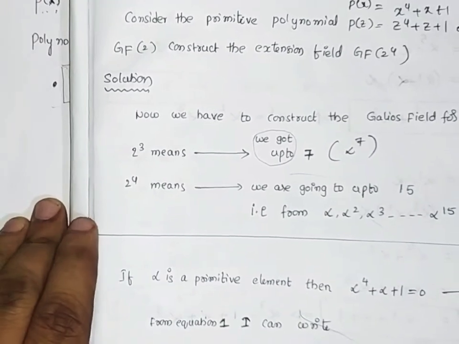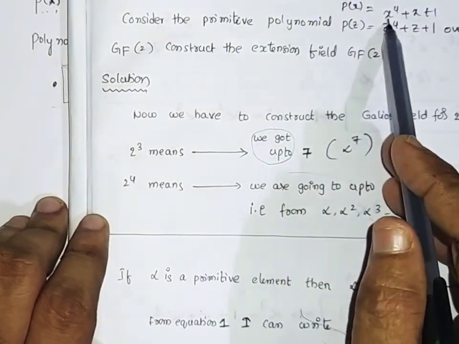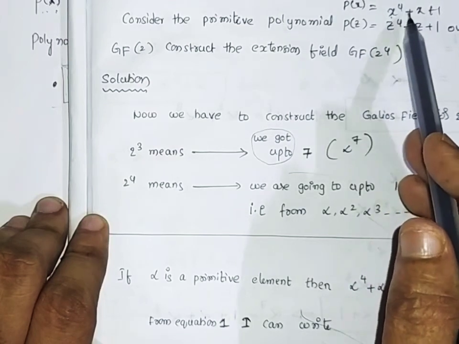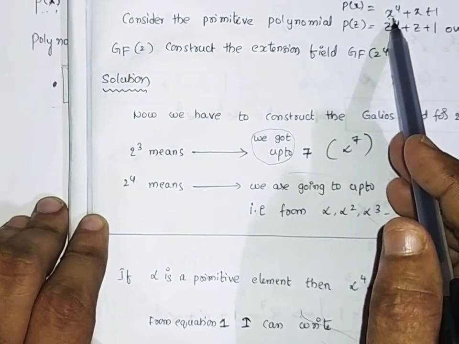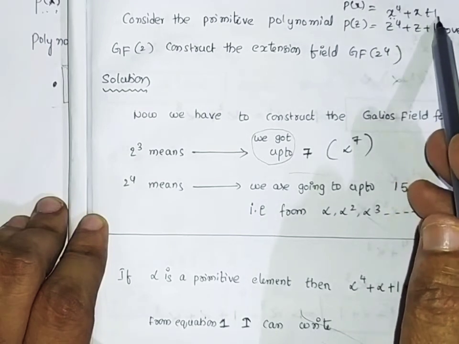Let us consider the primitive polynomial for the degree 4. And this is the primitive polynomial for the degree 4. For the degree 4, the primitive polynomial is x power 4 plus x plus 1.